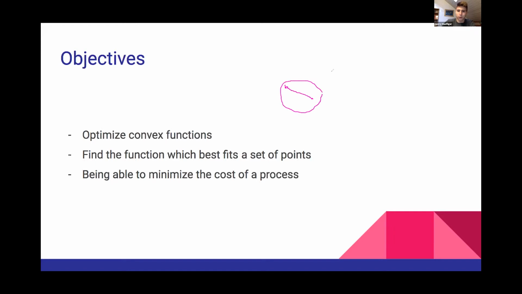So formally, if we take 2 points x and y on a set omega, then for all lambdas between 0 and 1, lambda x plus 1 minus lambda y is within the set omega.